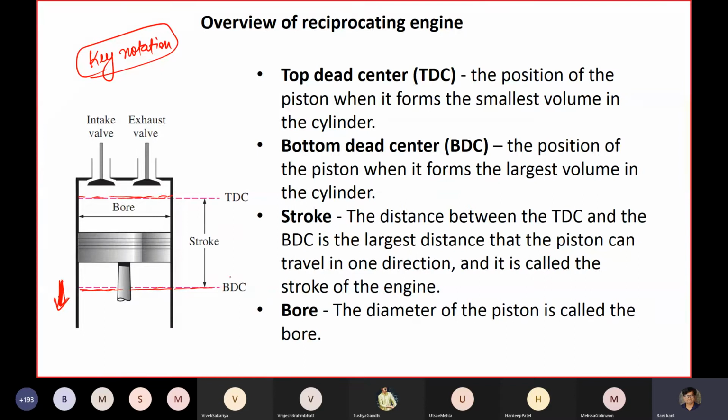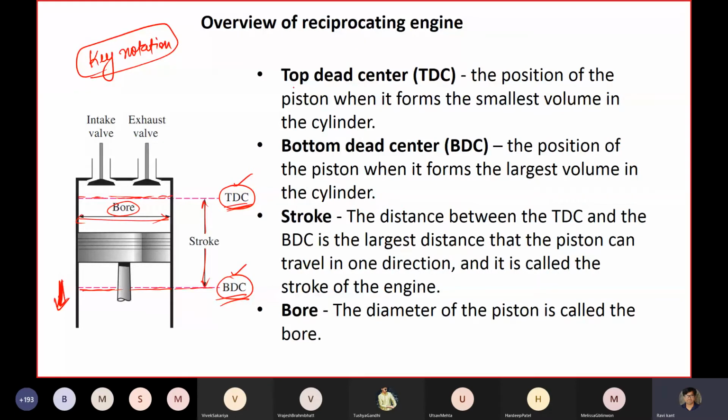This line is called BDC, and the top line is called TDC, top dead center and bottom dead center. The length between these two key notations is called stroke, and the diameter is called bore for this piston cylinder arrangement.